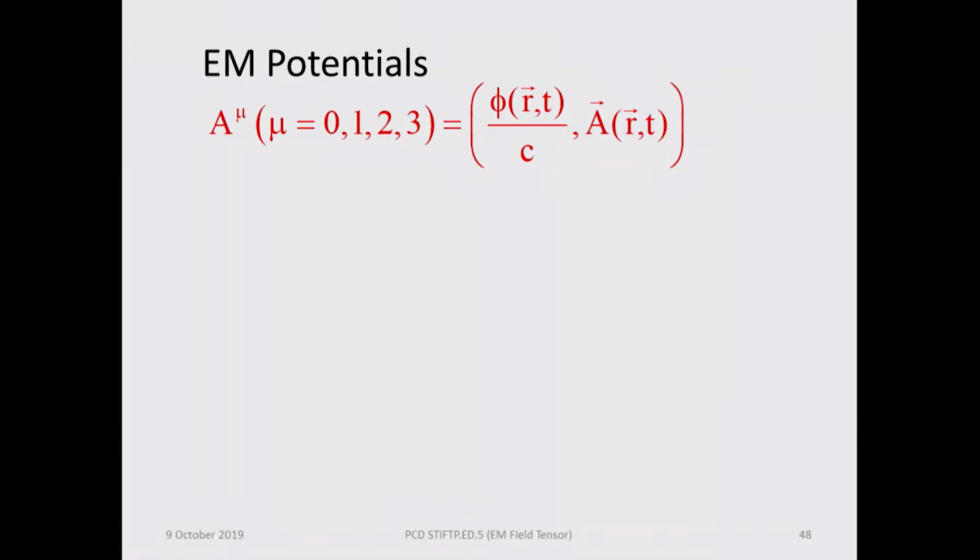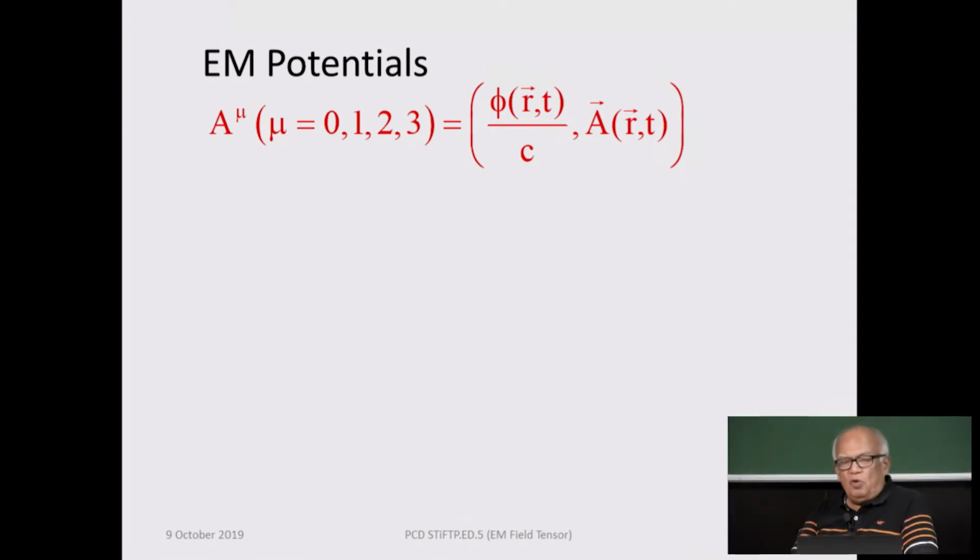And you can see how to get it, because we wrote the electromagnetic potentials as phi by C and then A. So, our 0th component A0 was phi over C. Now, what is so sacred about having phi over C as A0?